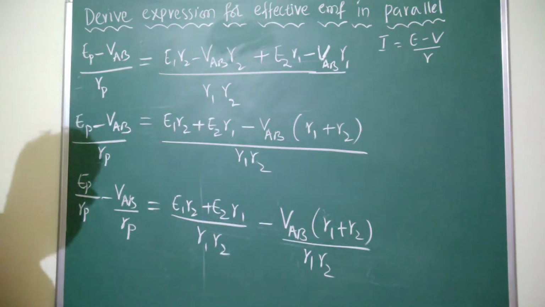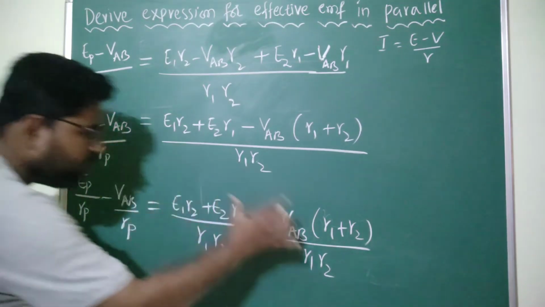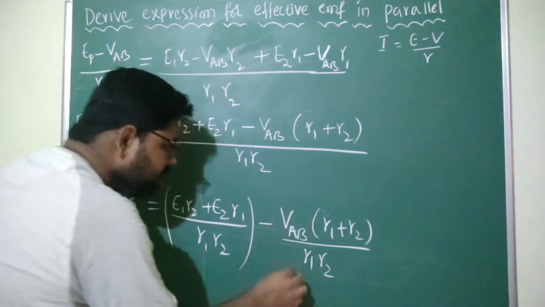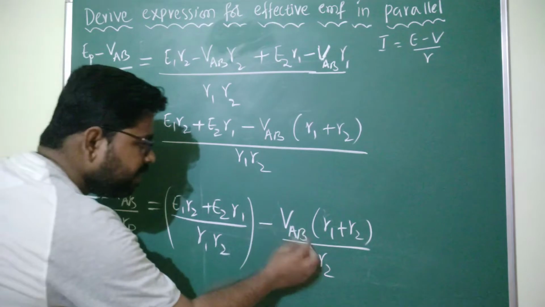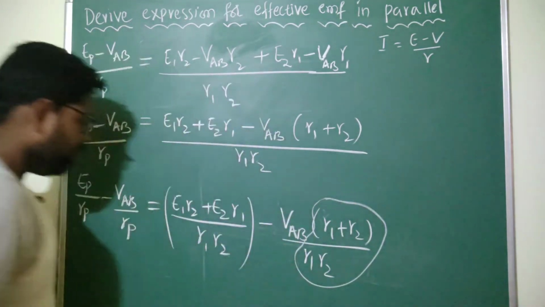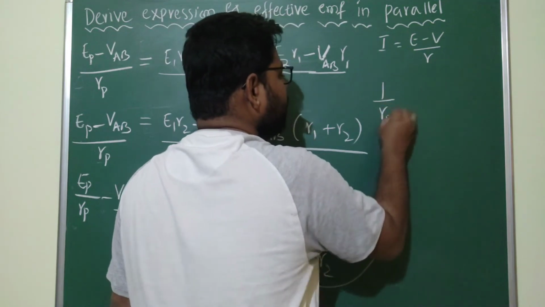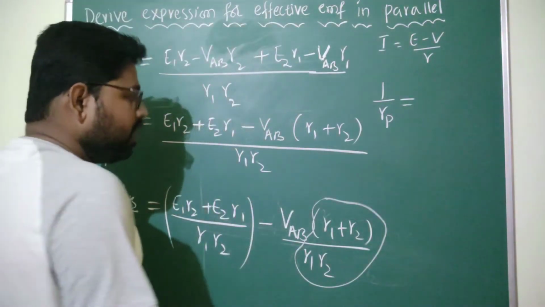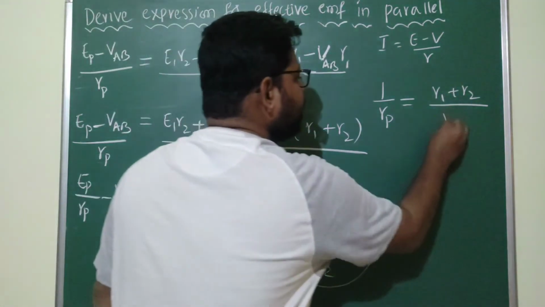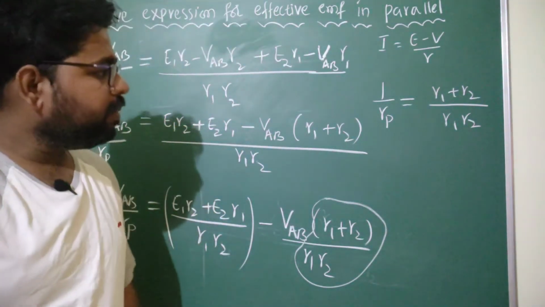Now if you compare this equation, this term is equivalent to EP by RP, and the remaining term is like VAB by RP. This term is 1 by RP, which is equal to R1 plus R2 divided by R1 into R2. That is for two cells.